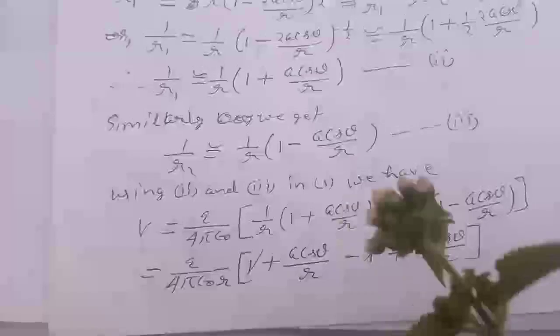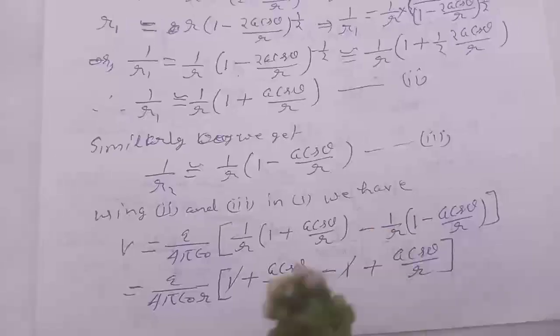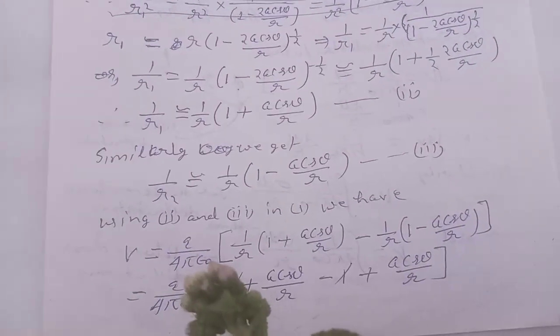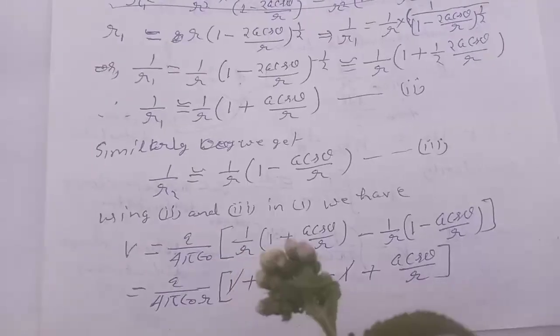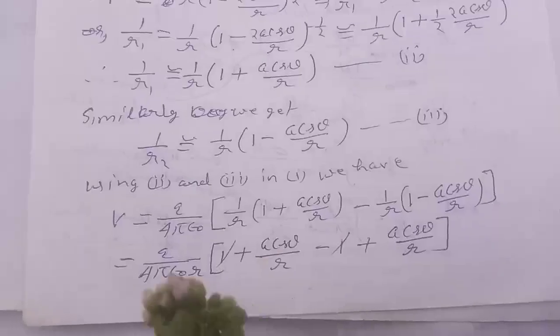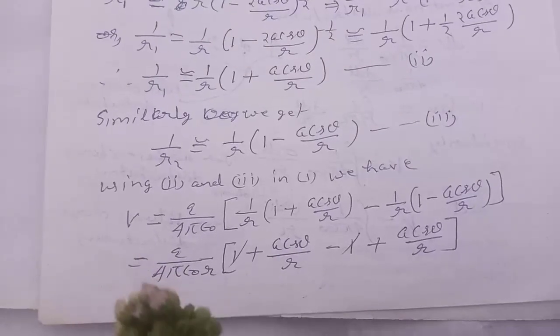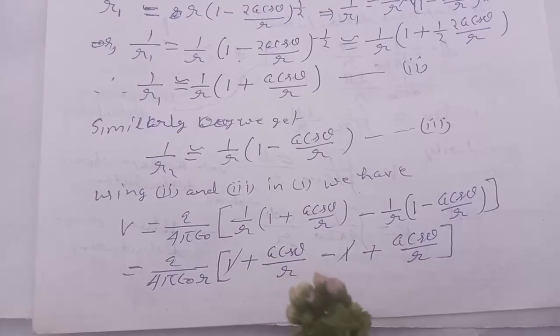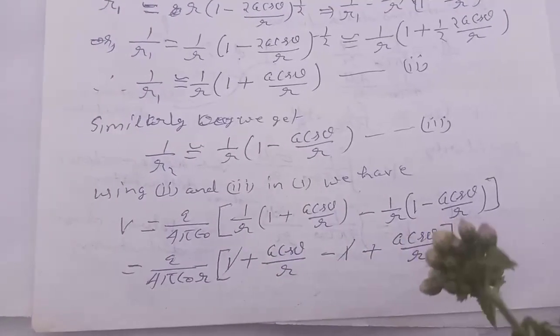Using 2 and 3 in 1, we have V equals Q by 4 pi epsilon naught into (1 by R into (1 plus A cos theta by R) minus 1 by R into (1 minus A cos theta by R)), equals Q by 4 pi epsilon naught R into (1 plus A cos theta by R minus 1 plus A cos theta by R).